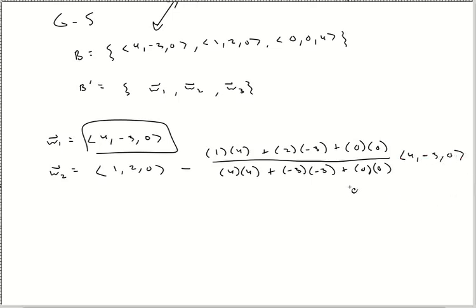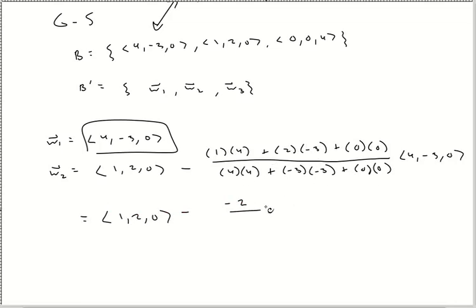Notice the patterns. You see the patterns all over the place? That's just something to notice. Patterns are good. Let's keep going here. I've got 4 minus 6 is negative 2, so there's a negative 2 up there.